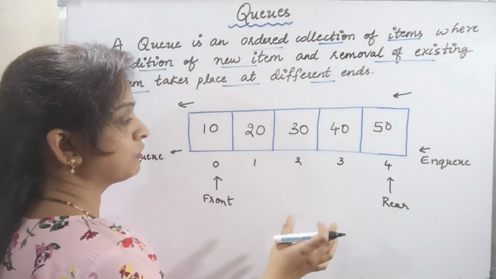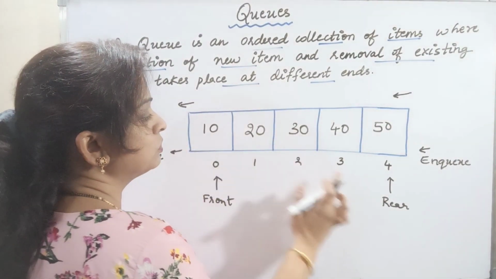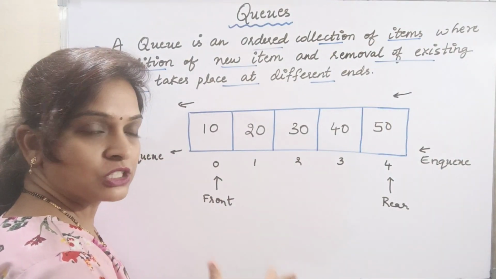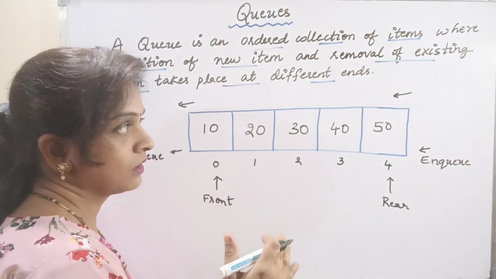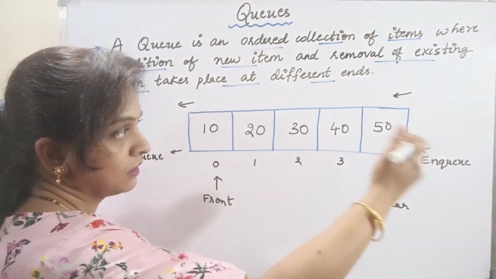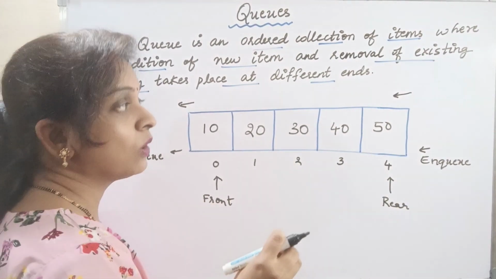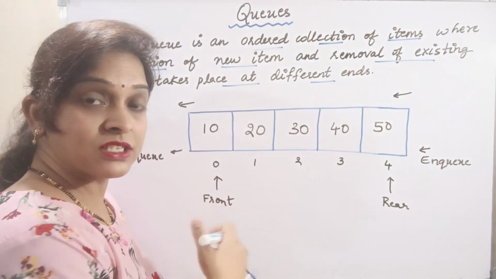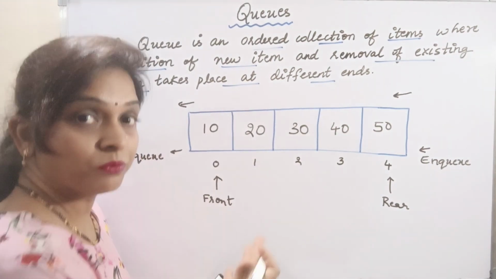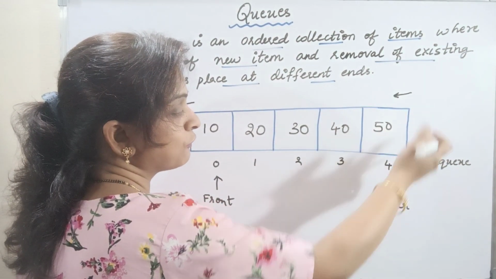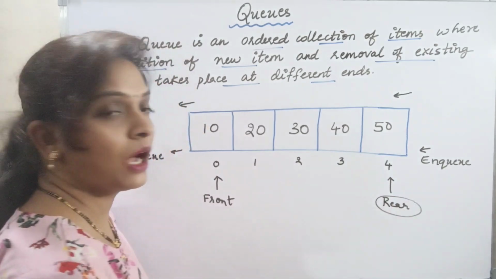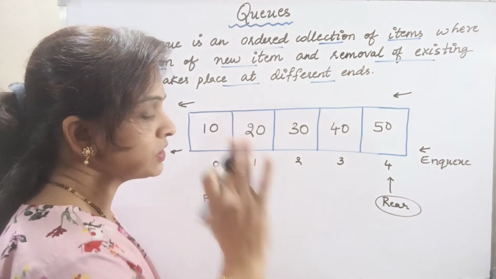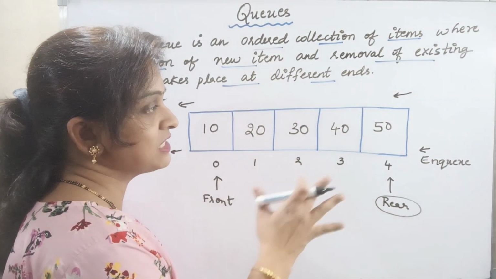With respect to index values, it is 0, 1, 2, 3 and 4. When the queue is full, I cannot make the next entry or insert one more element. So the queue is full. Now how to remove? This insertion I did from the rear end. How the rear end gets increased, all those things we will see with the queue values. So just imagine these things virtually.